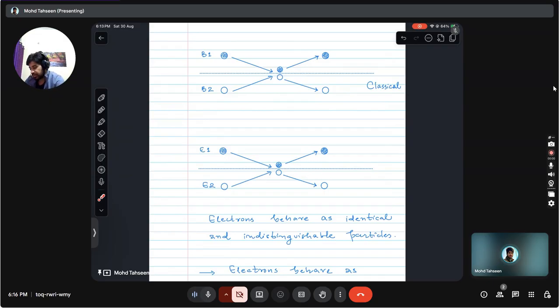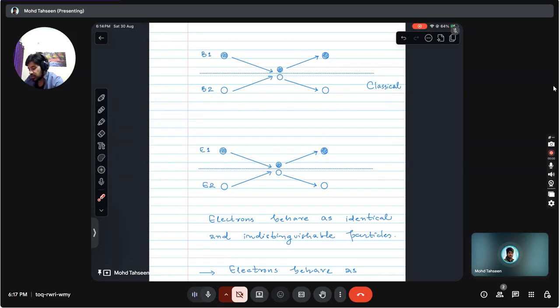But if we have non-classical particles or quantum particles such as electrons, which are represented by E1 and E2, and we set them on these trajectories so as to make them collide with each other, then in this collision process there is actually a chance that these two got interchanged.